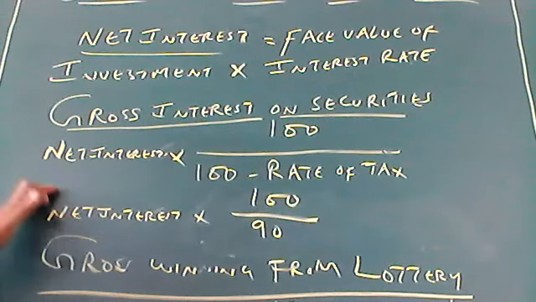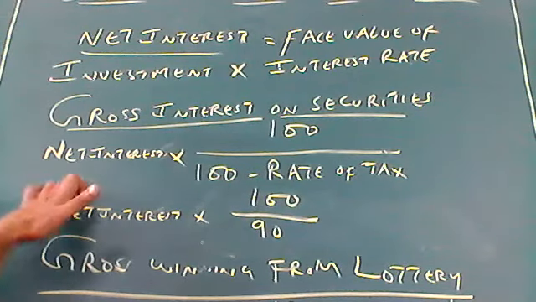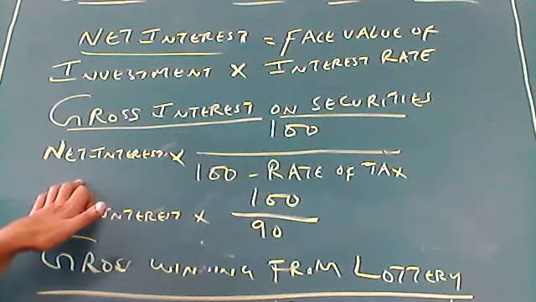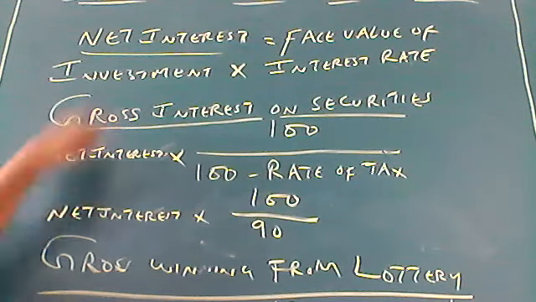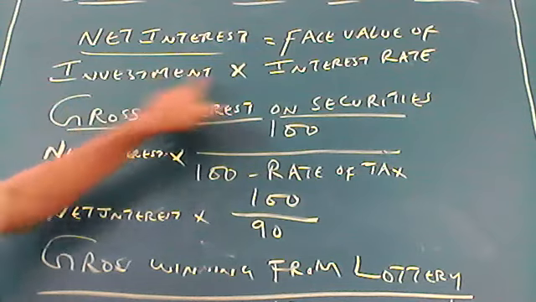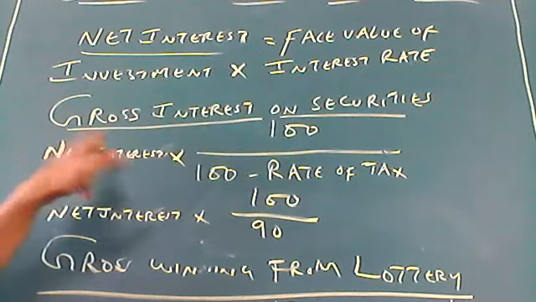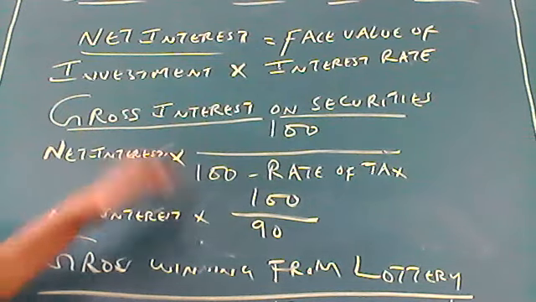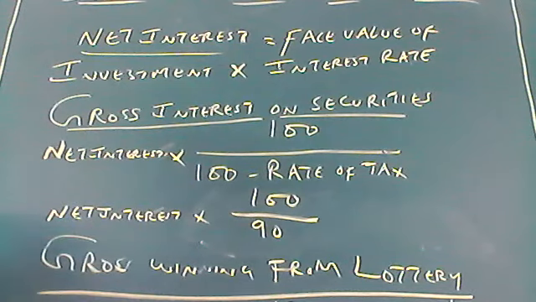So this is how to compute the gross interest value. And net interest is face value of investment into interest rate. Gross interest means net interest into 100 by 90.